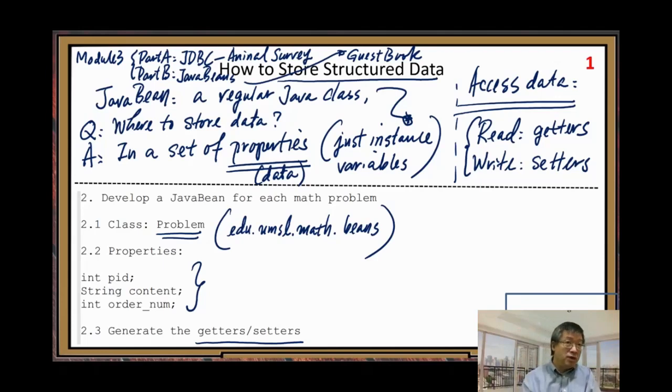But if we use the tool to generate them, it's very fast, and usually we can avoid some typos. Now, let me go to Eclipse to do the coding part.